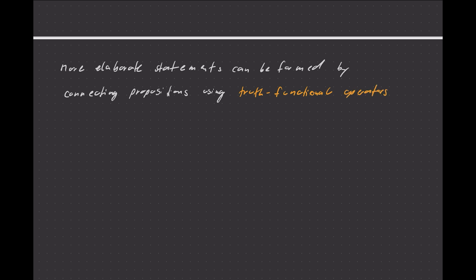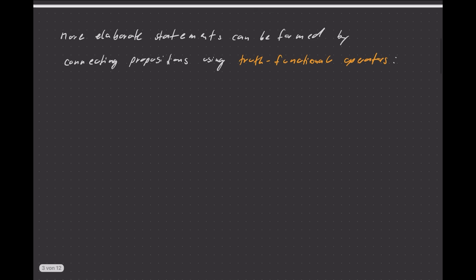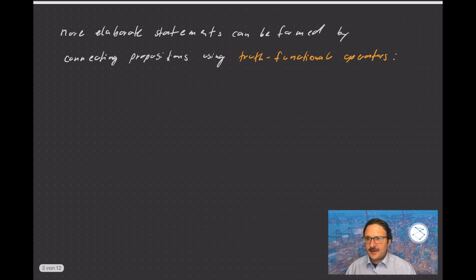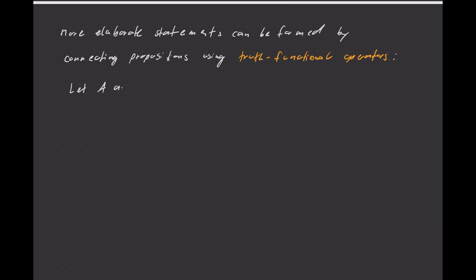The name is not important. What is important is the notation and the idea that is behind that. Okay, let's say we have two propositions. Let's call them A and B. And then we can define connections of those two propositions. So let A and B be propositions.